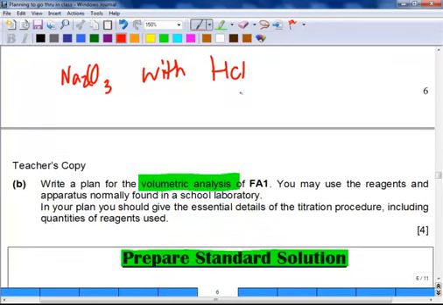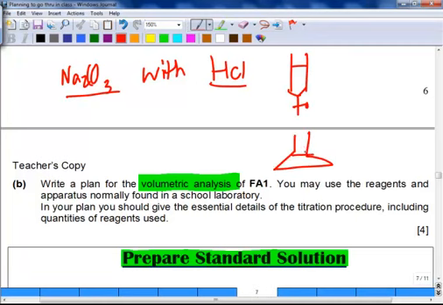That means you split into preparing the standard solution and the actual titration procedure. You have the sodium carbonate and you have the HCl. You actually have a choice. Which one do you want to place inside the conical flask? In this case, you just need to check the color change.